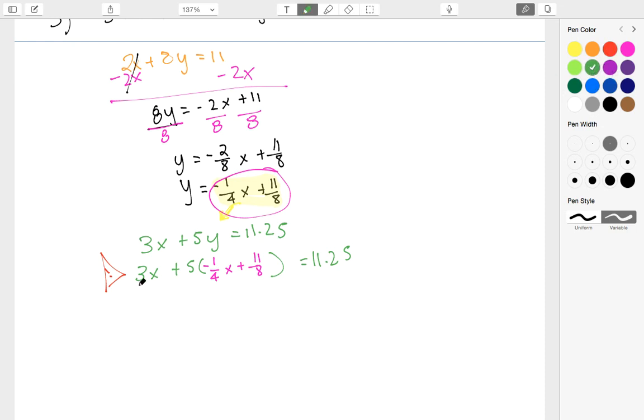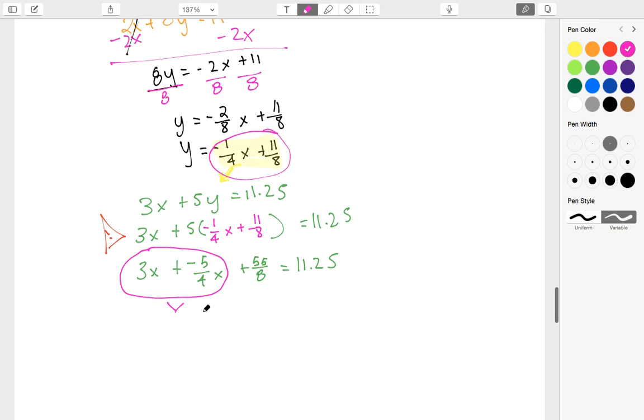So then we'll have 3x, and this 5, I'm going to distribute this. 5 times negative 1/4 is negative 5 over 4x, plus 5 times 11/8 is 55/8 equals 11.25. And then from there, I can combine like terms, and once you punch that into the calculator, you'll get 7/4 x plus 55/8 equals 11.25.